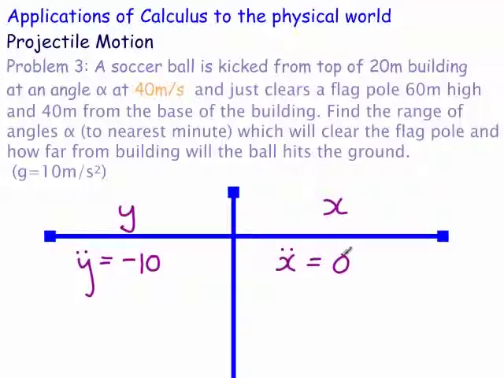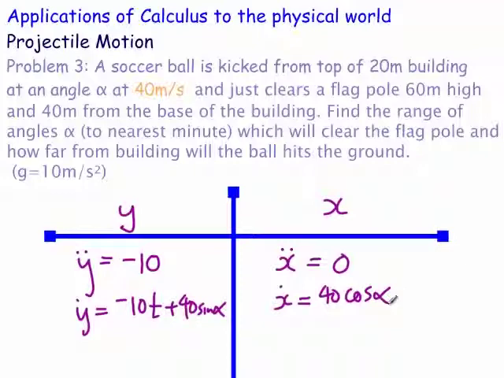Then we integrate back one step to get y dot, which is equal to minus 10t plus the initial component of the velocity when time is equal to 0, which is just v sine alpha. In this case it's 40 sine alpha. The x dot is just the x component, and the velocity is now 40, so it'll be 40 cos alpha when t is equal to 0.